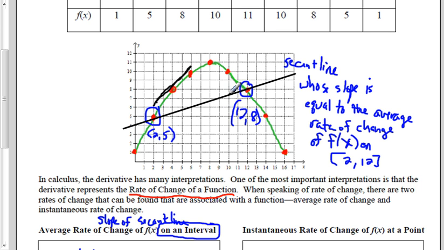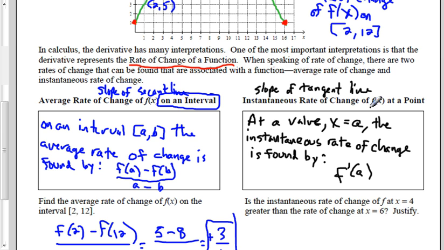And then we're going to eventually compare this to x equals 6, this tangent line, and answer some questions about that. So again, average rate of change is the slope of a secant line on an interval, and the instantaneous rate of change of the function at a point is the slope of the tangent line.